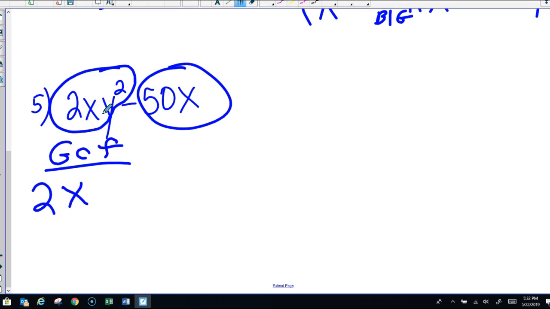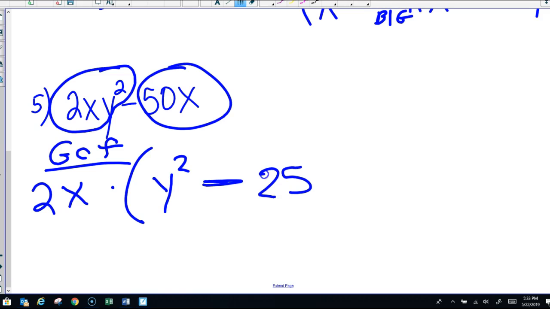Y squared, no y's, so there are no y's in common. And then times what's left over. So 2x times y squared, if I pull out the 2 and the x, I've got y squared left, minus, and then 50 divided by 2 would be 25. The x divided by the x, no x's right here.